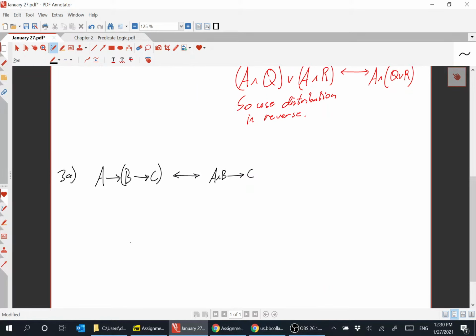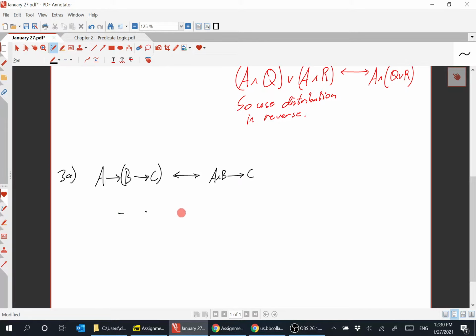So with this one, I'll even just tell you the first few steps. First, use implication twice, to change the implications to disjunctions.